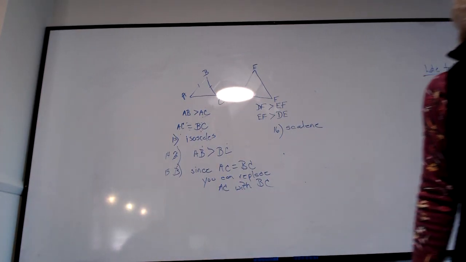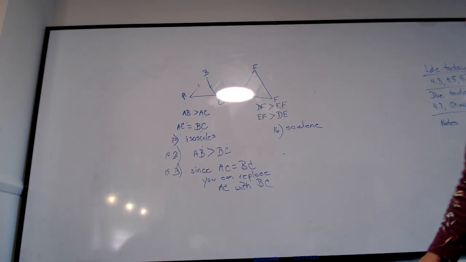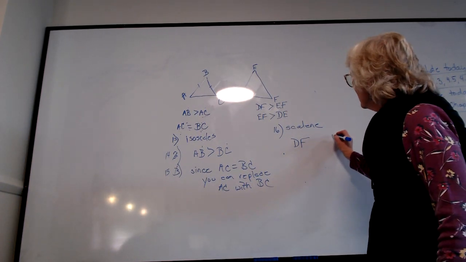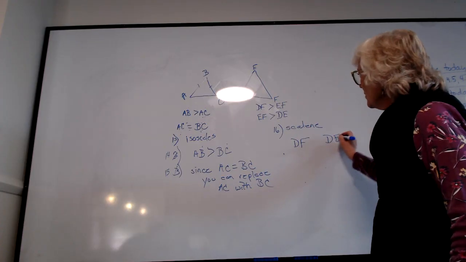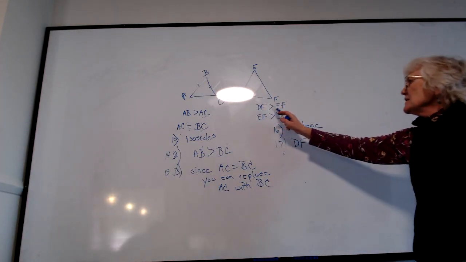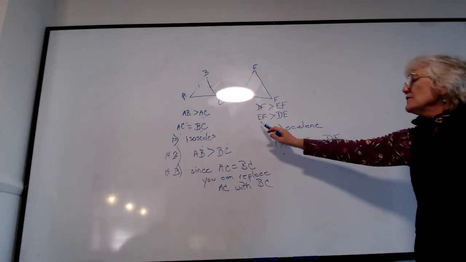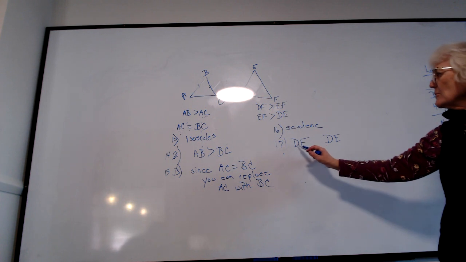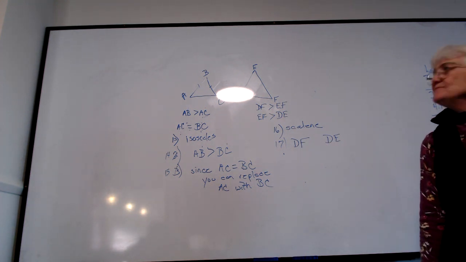Okay, so then, what can you conclude about DF and DE? Well, let's look at it. We want to conclude something about this. If DF is greater than EF and EF is greater than DE, then what do I know about DF and DE?